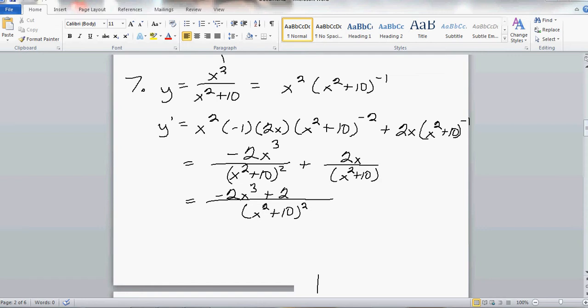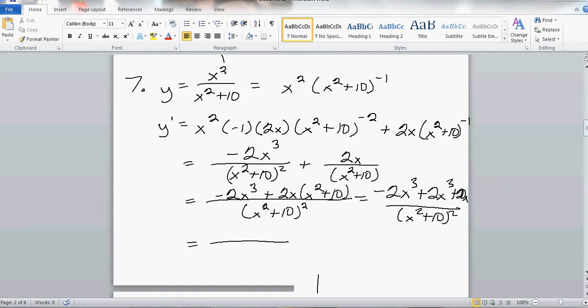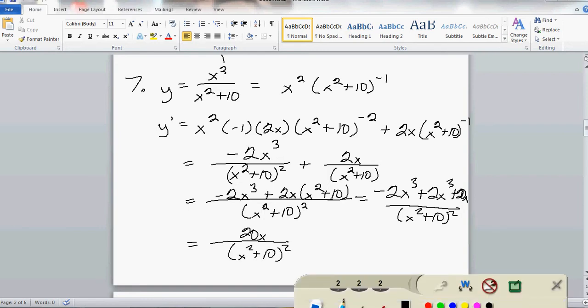But here what we need to do is multiply this by x squared plus 10, which equals negative 2x cubed plus 2x cubed plus 20x over x squared plus 10, the quantity squared. So finally, cleaning this up, the x cubes cancel, so that leaves 20x over x squared plus 10, quantity squared.